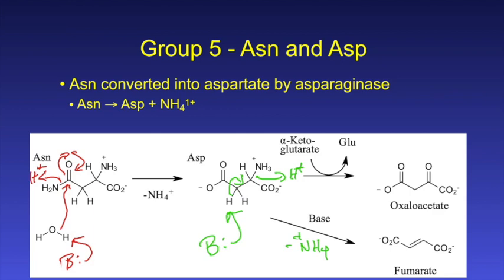What does that base and acid actually represent? They are side chains inside the enzyme. They are specific side chains where one will act as a base and one will act as an acid, in the right orientation, as part of how the enzyme facilitates that reaction.